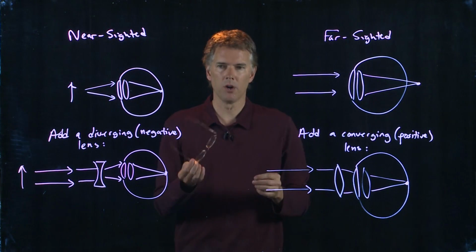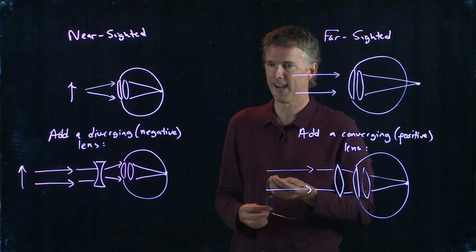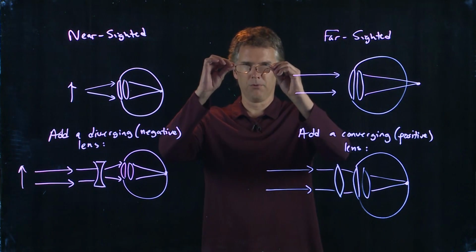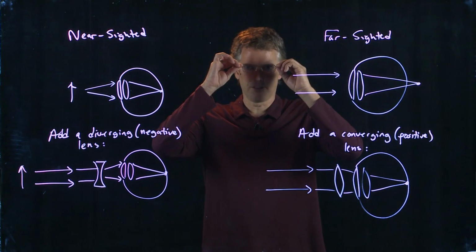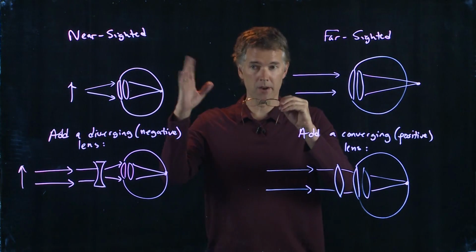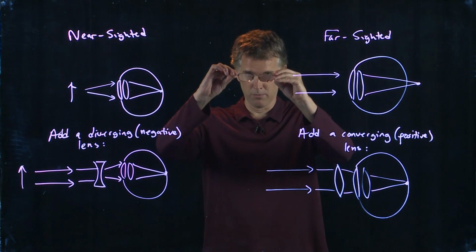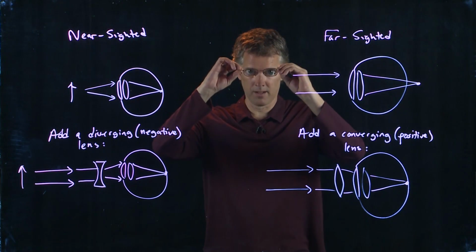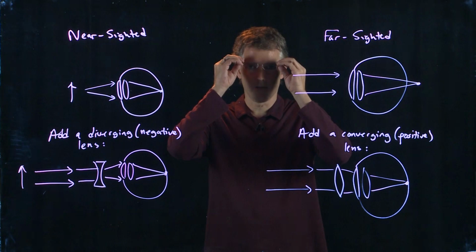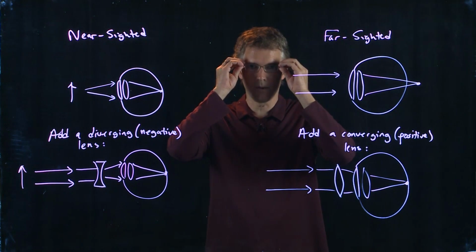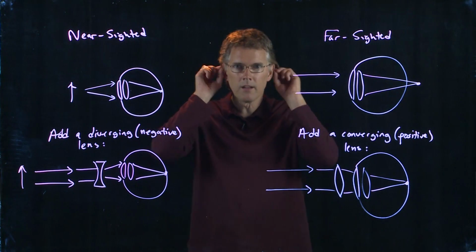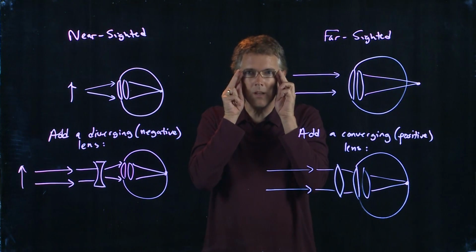Now, how do you know this is converging versus diverging? First off, if you look through them, at some point the outside world should get very big as I move this away from my eyeballs. If I'm looking at the camera, my eyeballs should look a little big to you. Do the eyeballs look a little big to you? Especially if I pull them out a little bit, let's try this.